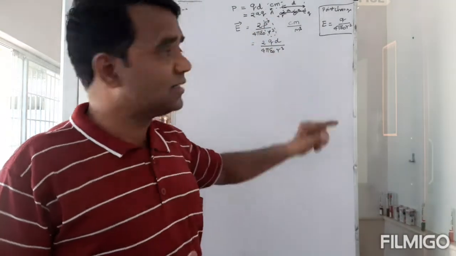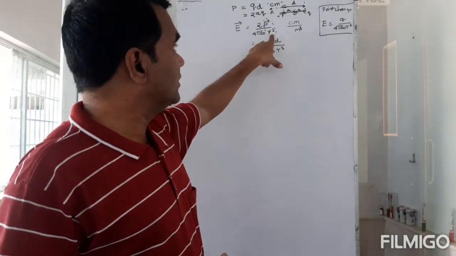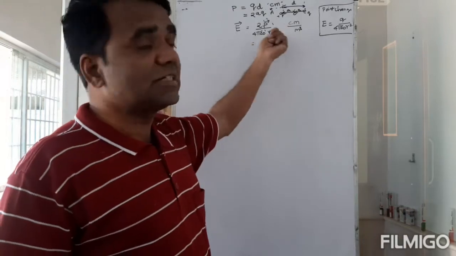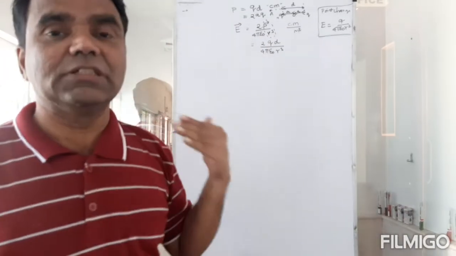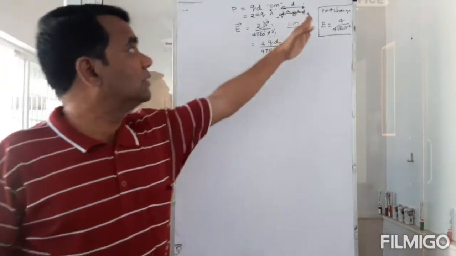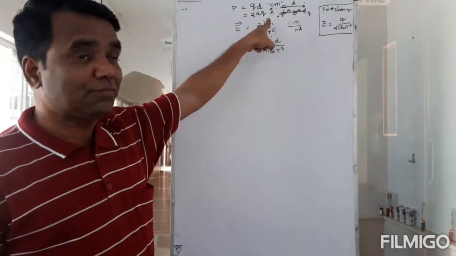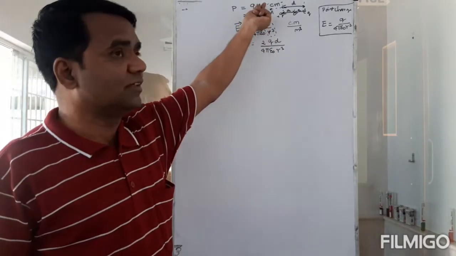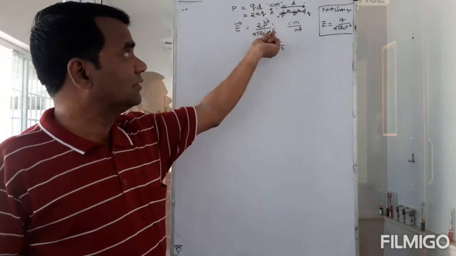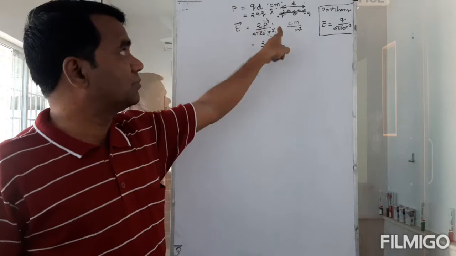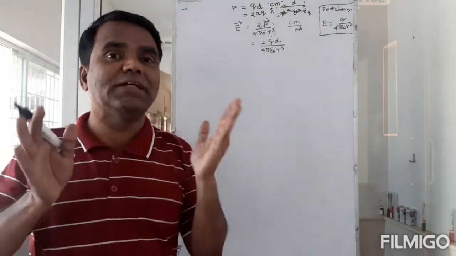The point here is that because you have an r cube in the denominator, the unit of E will not change. The unit will be the same as this E. The reason is you got p there, not q, but p comprises both q and d. There is a meter here and an extra meter here, and that meter and this meter will cancel. So the unit will remain the same.